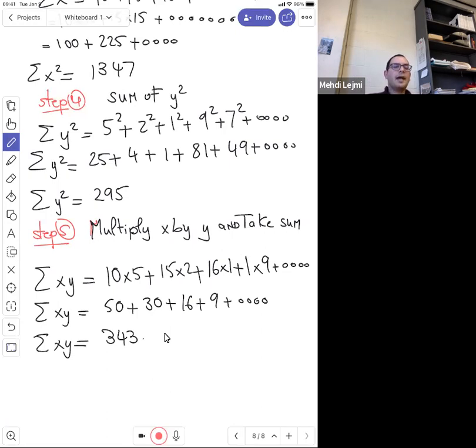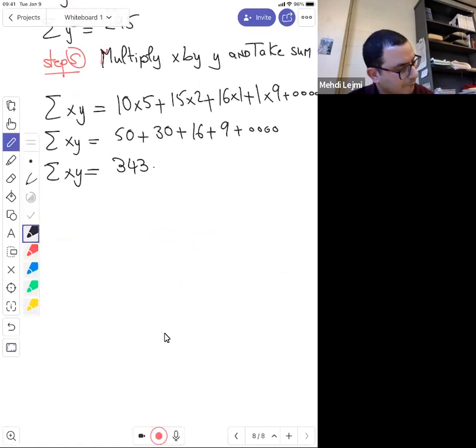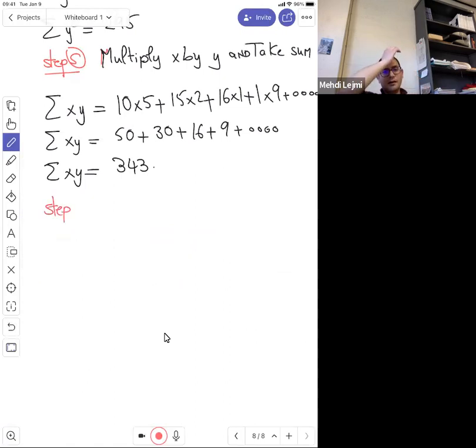Okay. Now the last step. I'm going to use all these steps to compute my R. Actually, the formula of R is kind of complicated, so I'm going to split the last step into 2 steps.